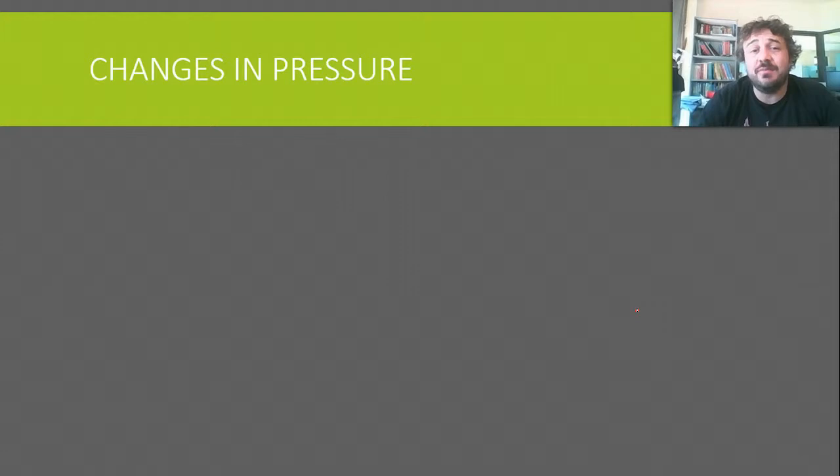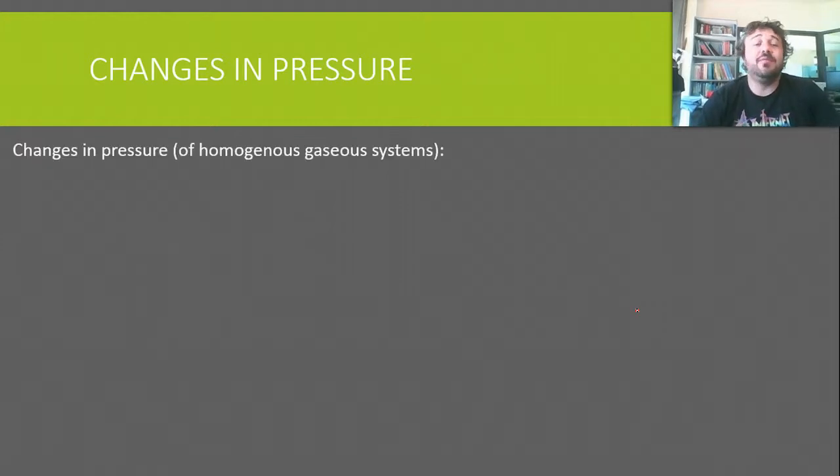All right, so we can change the pressure as well. Now, very important to remember, if you change the pressure, it only affects the gases. So change in pressure only affects the gases, which means of our four reactions, we're only looking at this one in this case.